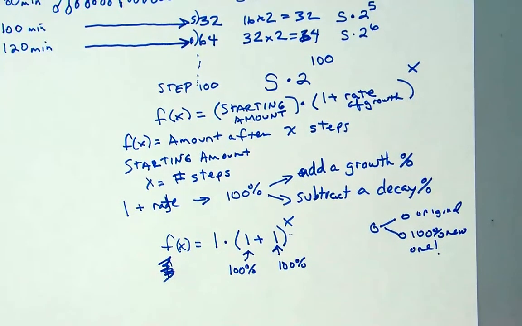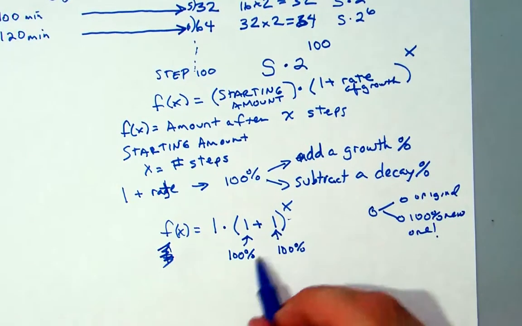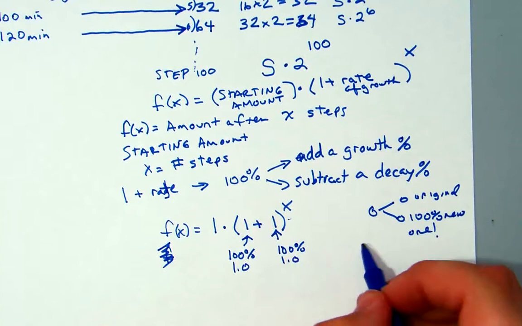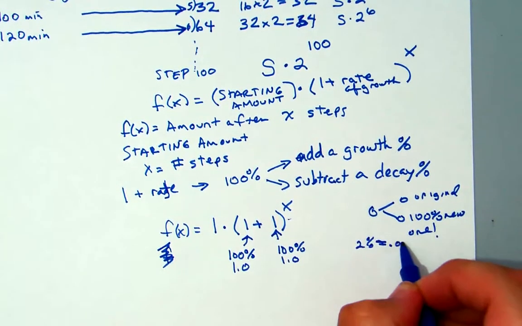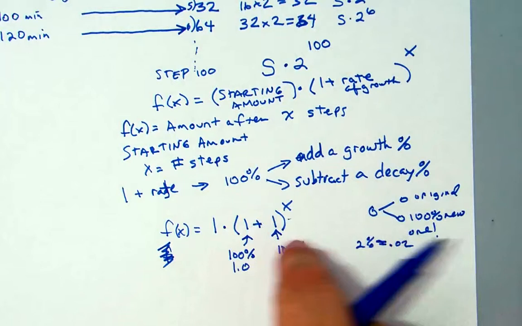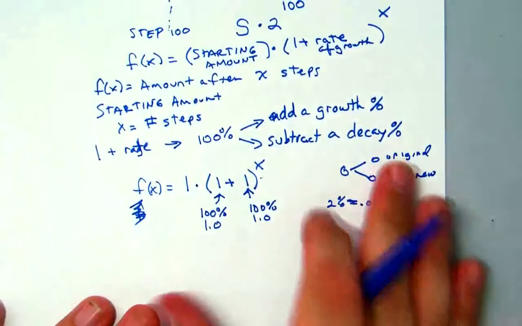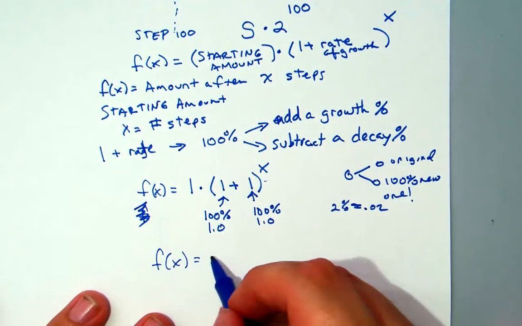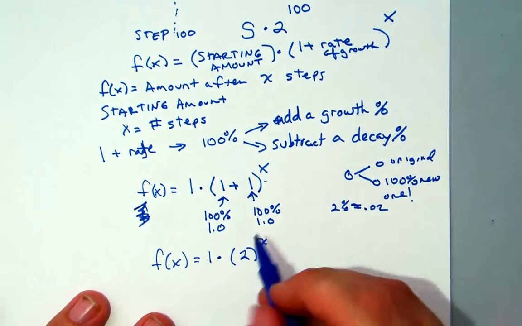So there's your 100%. So if my growth rate is 100%, which is 1.0, remember that's a 1.0. If it was like 2%, that would be equal to 0.02. So you'd have 1.02. That's what we're really coming up with in this case. So I get my f of x is equal to 1, which is my original amount, times 2 to the x power.